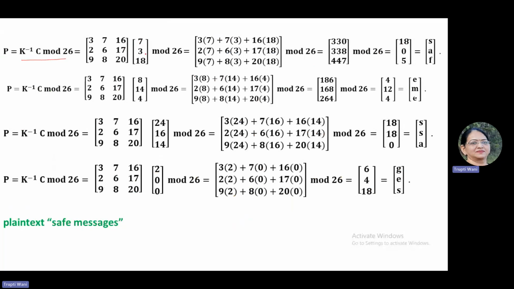This is a cipher text. Do the multiplication, mod 26, and at the end we will get the plain text back. So our plain text is SAF. Follow the same method, we will get the remaining plain text back in the form of blocks. So plain text, we got safe messages.